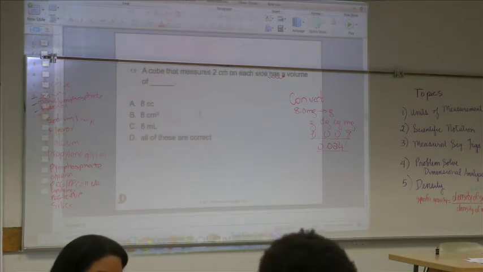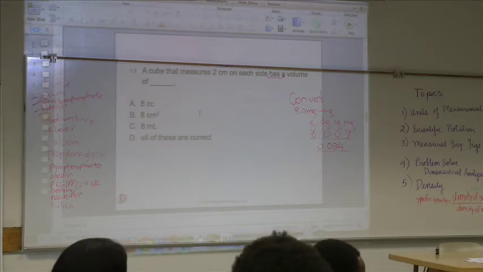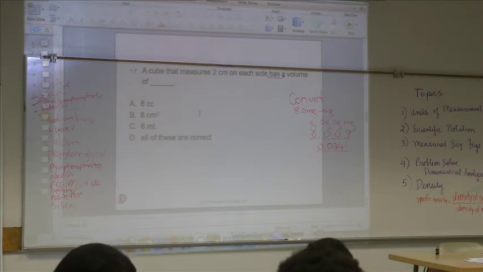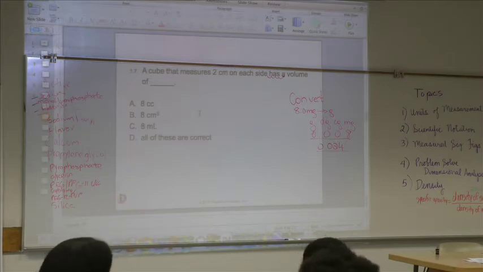Okay, so here's another one. A cube measures 2 centimeters on each side. What is the volume? 8 centimeters. That's correct. A is correct. B is correct. All of them.